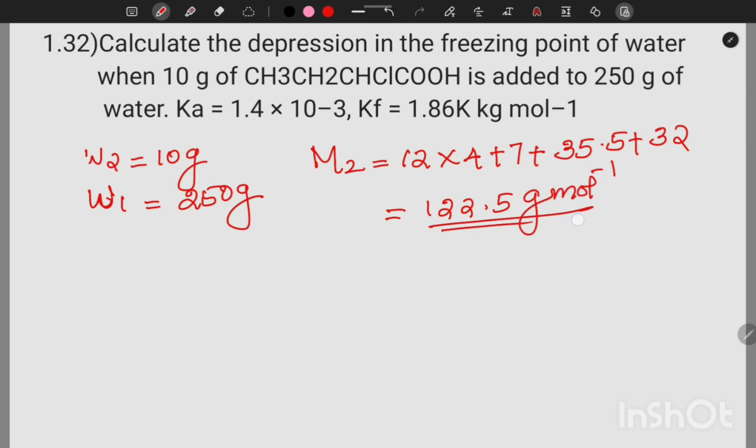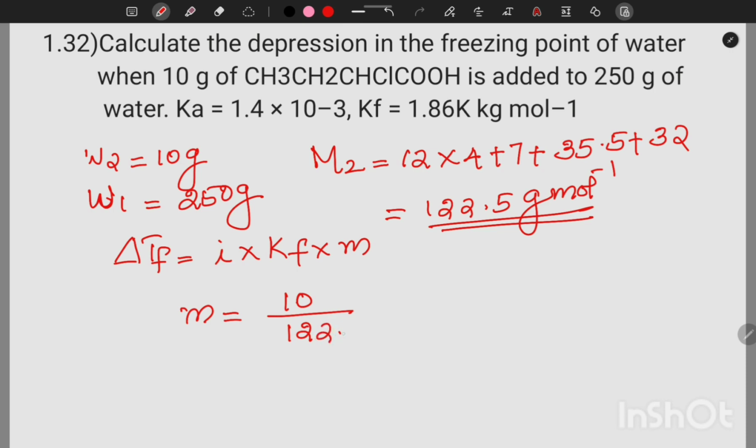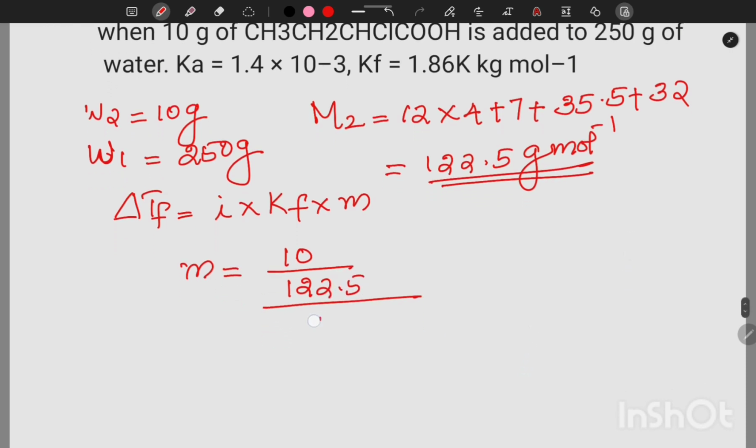Then we have to calculate the depression in freezing point, that is delta TF is equal to i into Kf into molality. So first let us calculate molality. Molality is equal to number of moles, that is mass by molar mass, 10 by 122.5, divided by mass of the solvent in kilogram, that is 250 by 1000, so that will be 1 by 4.